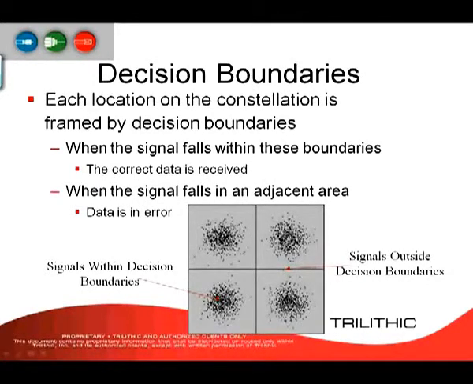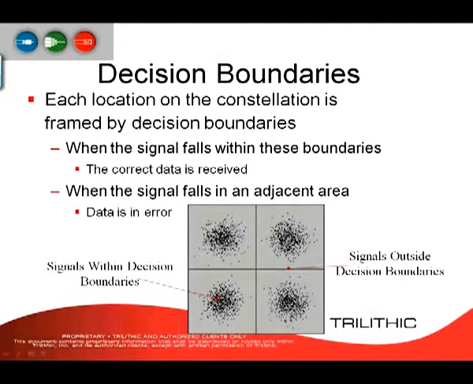Each location on the constellation is framed by the decision boundaries, sometimes called the decision thresholds. Whenever any bits fall outside of these boundaries, that data would be an error.